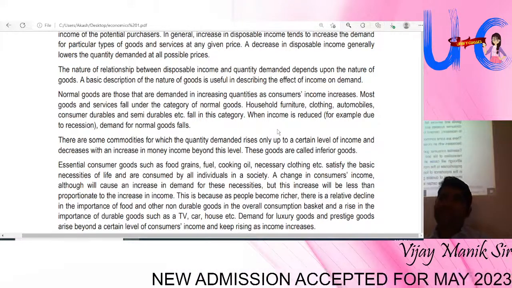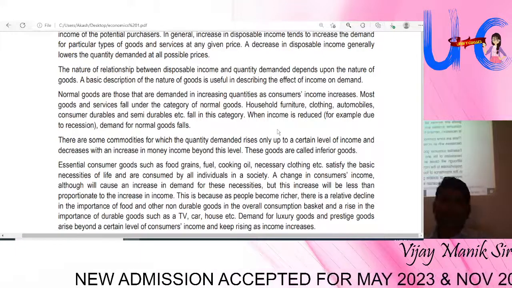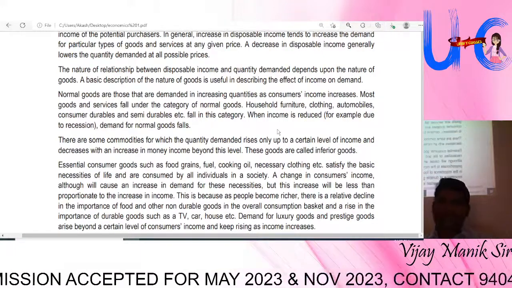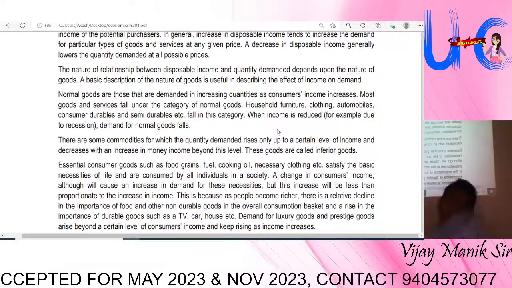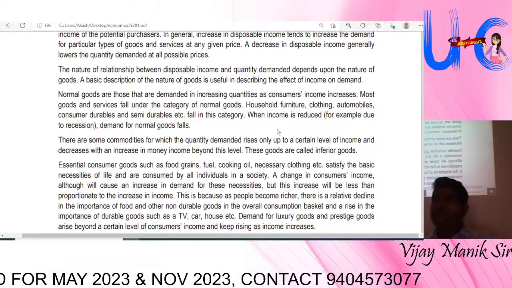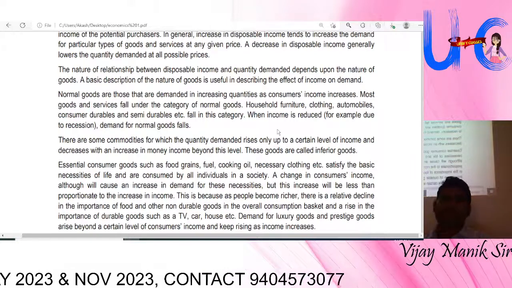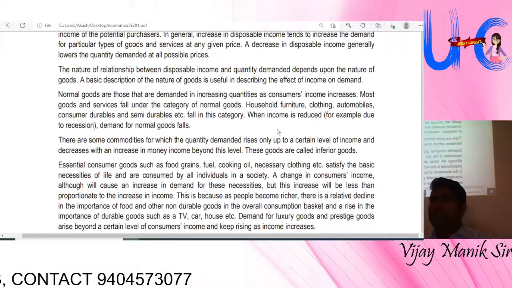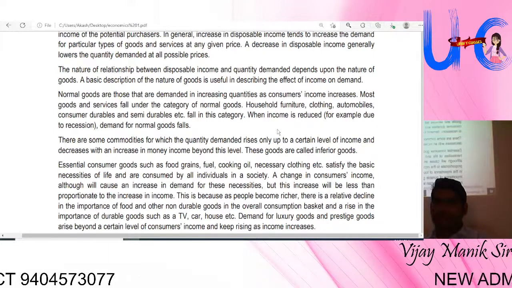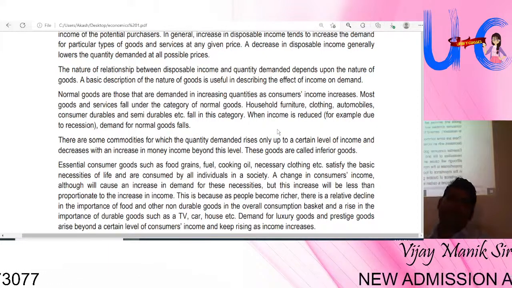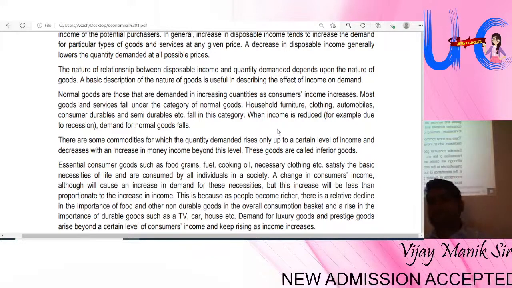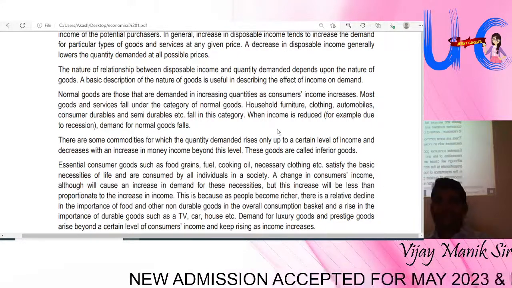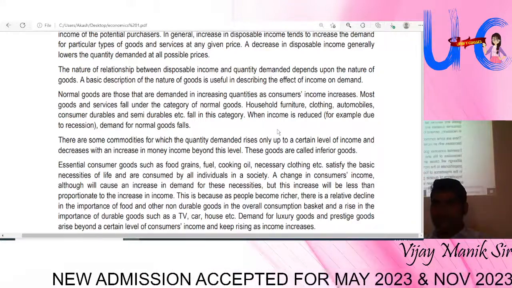For example, he has to pay professional tax on that income. If we think about annual income, then it will be more than 5 lakh, so he has to pay tax on that. So after deducting all the things, whatever he has left will be the disposable income of that person. Is that clear?